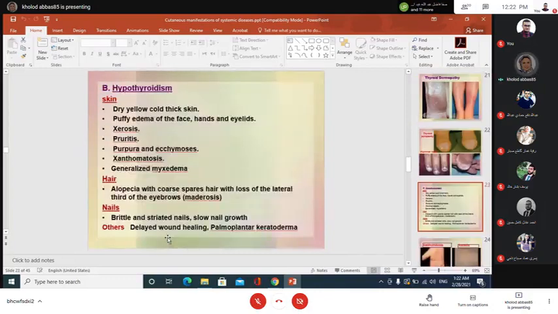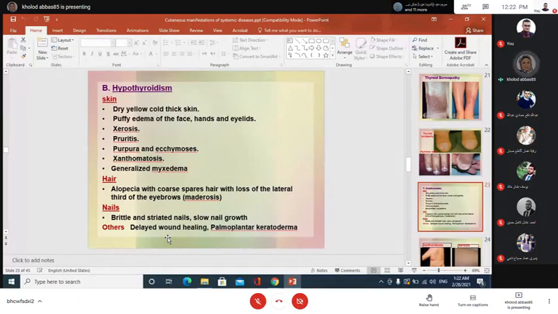Hypothyroidism is almost the opposite of hyperthyroidism. We have here dry skin, cold, thick skin, puffy edema of the face, hand, and eyelid, dryness, xerosis, pruritus, purpura and ecchymosis, xanthomatosis, generalized myxedema.